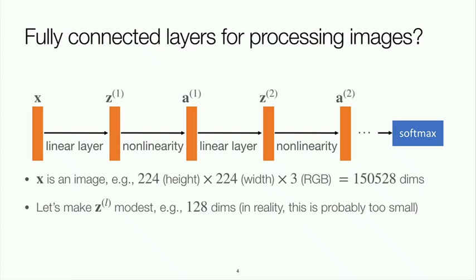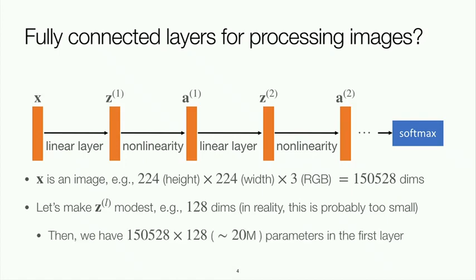Well, roughly speaking, it would be the number of weights that I need to define in that matrix, right? That goes from input dimensionality to output dimensionality, right? And that in this case would be over 150,000 times 128, which is something on the order of 20 million parameters just in my first layer alone, okay?